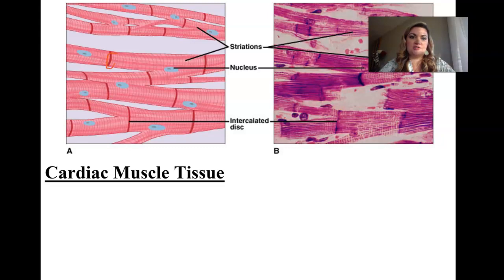And so these sections here that you'll see throughout, those are referred to as intercalated disks. These are going to be gap junctions that allow chemical signals or electrical signals to go from one cell to the next to communicate and to send things like contractions on down through the cells.